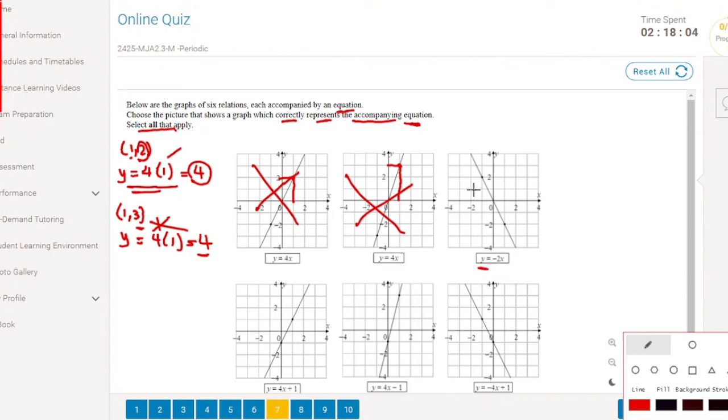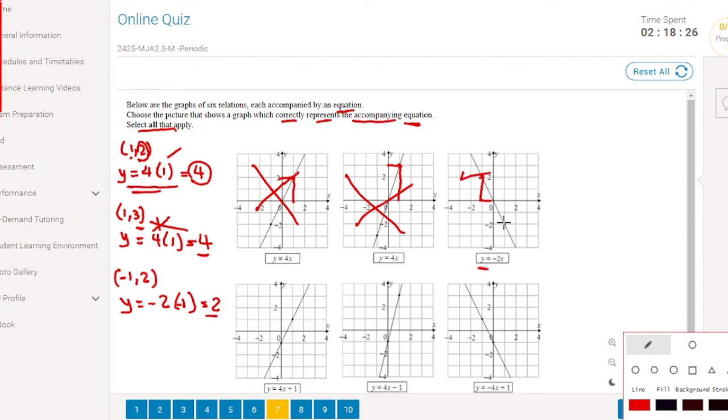Let's take one point, which is minus 1 and 2. So for minus 1 and 2, y would be equal to minus 2 multiplied by minus 1. It will be equal to 2. So the first point is valid.